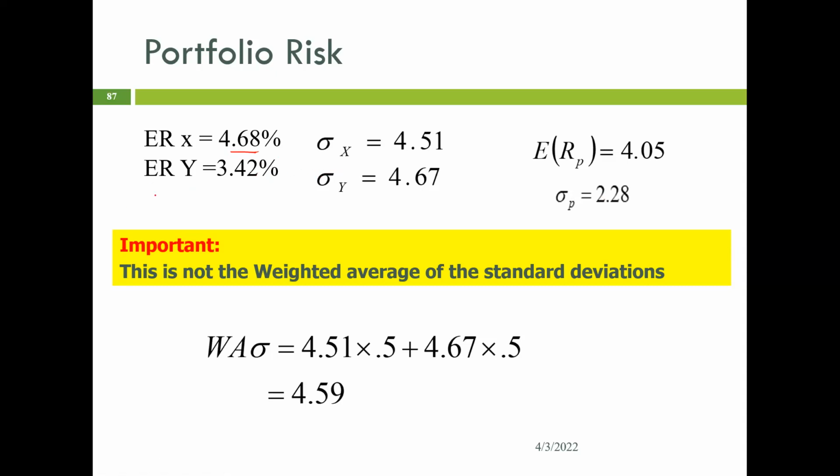If you invested your total wealth in Y only, your expected return was 3.42. And you have already calculated the risk: stock X 4.51, Y 4.67.